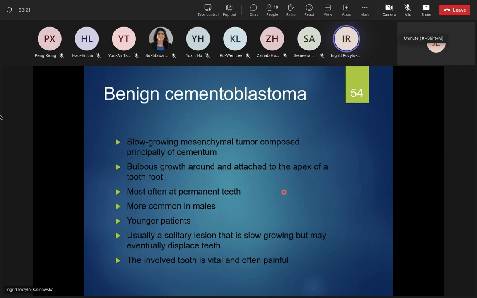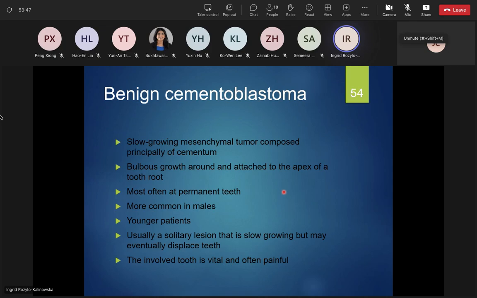Of course, it doesn't mean that it does not require differential diagnosis, but the typical location for the tumor is that it's fixed at the apex of a tooth, and the tooth related to cementoblastoma is usually a lower premolar.